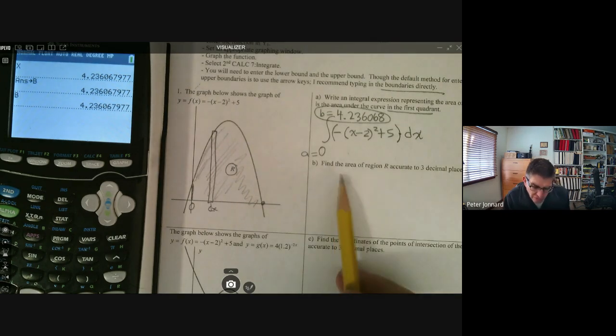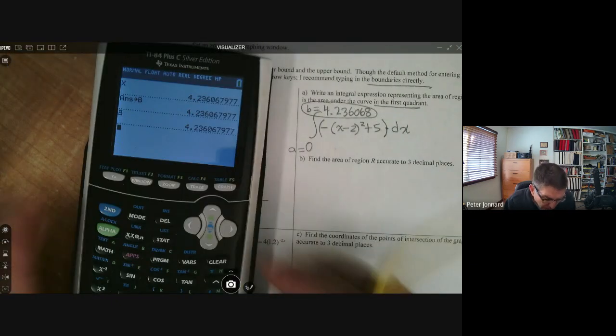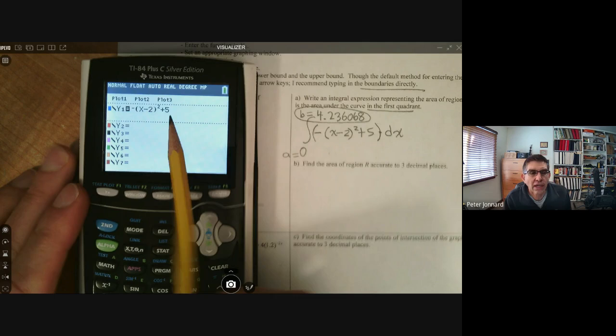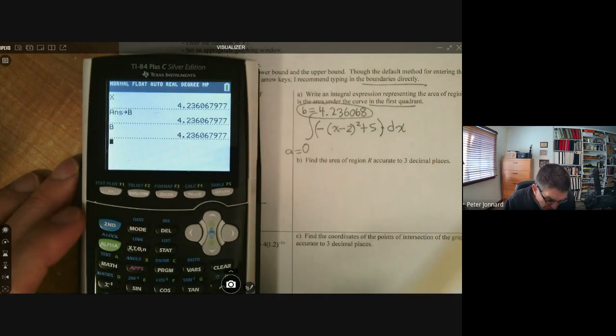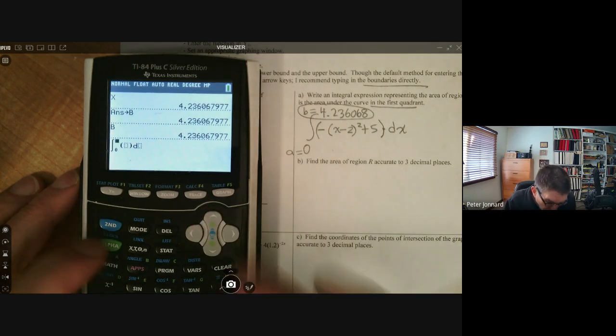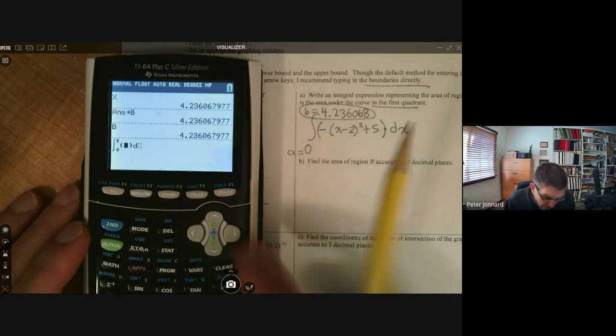And then it said find the area of R accurate to 3 decimal places. So now I'm going to use this. Notice that I've already put this into the calculator memory, so I don't want to type it in again. So I'm going to do math 9, and I'm going to integrate from 0 up to B. So I'm going to do alpha B. That's a lot less typing than what I had before.